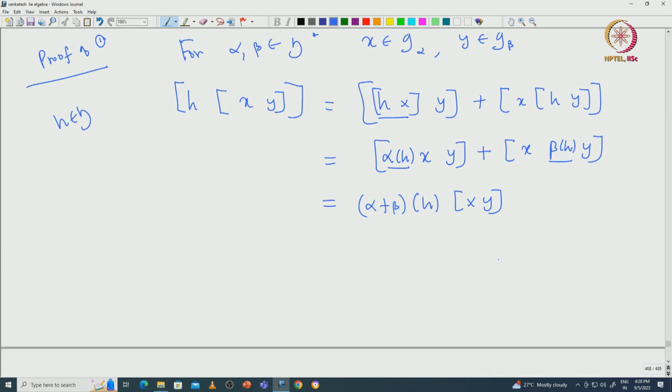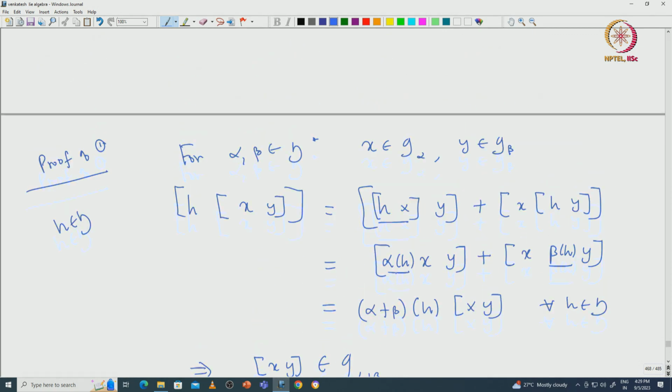Note that alpha plus beta of H can be 0, or even the bracket [x, y] can be 0, but anyway this equation is true for all H in capital H. So that implies this bracket [x, y] must lie inside g_{alpha plus beta}. So that is immediate.